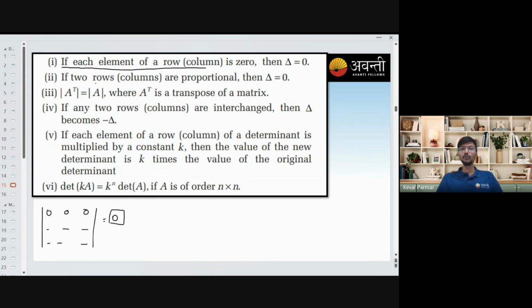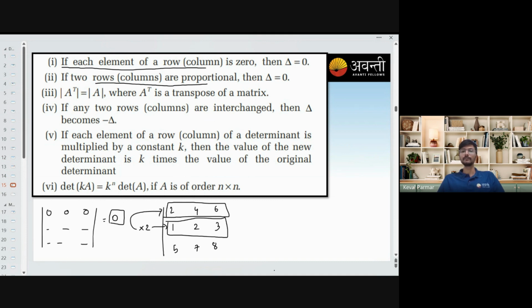If 2 rows or columns are proportional, that means suppose I have 2, 4, 6 here and 1, 2, 3 here, and suppose let's say 5, 7, 8. Then if you can see, this row and this row are proportional, and if we multiply this by 2, we will get this.